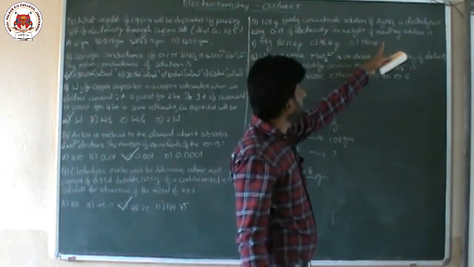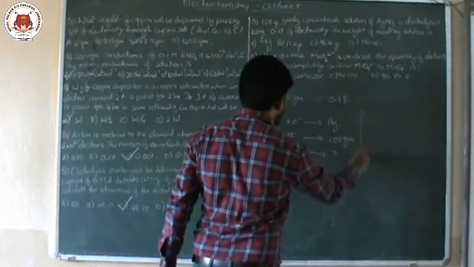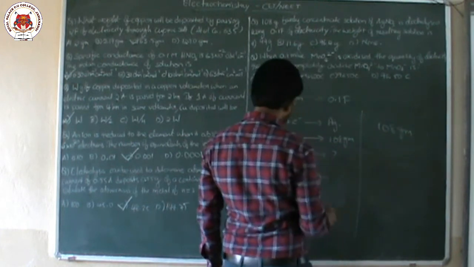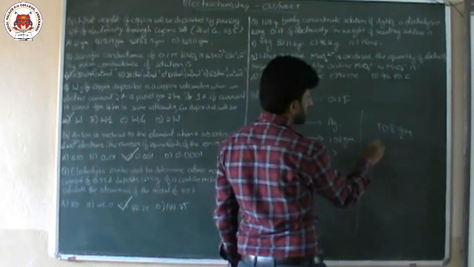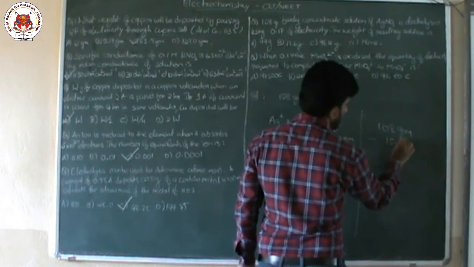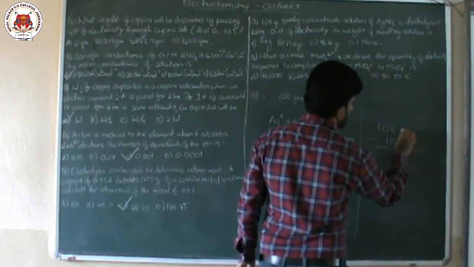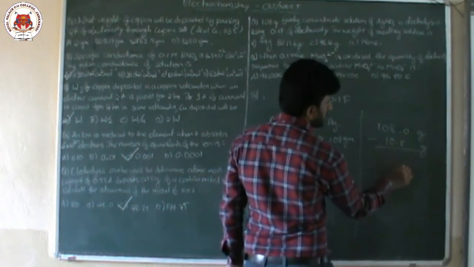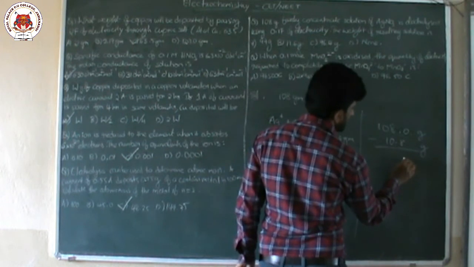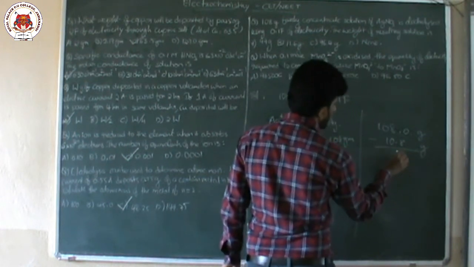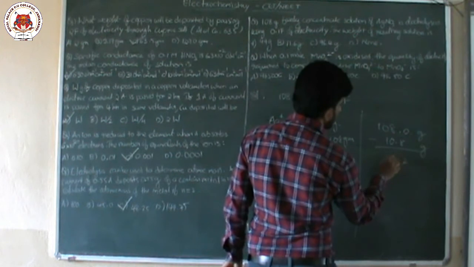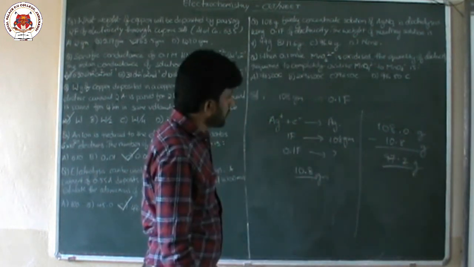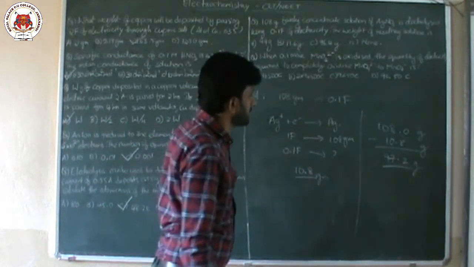We want the weight of the resulting solution. Means out of 108, initially 108 grams you have taken, out of that 10.8 is removed. Then if 10.8 is removed, it is 97.2.